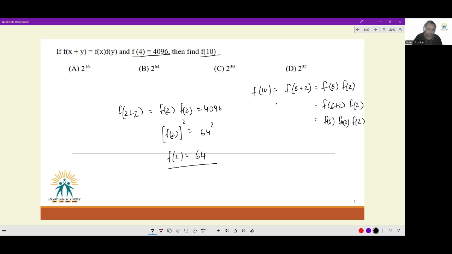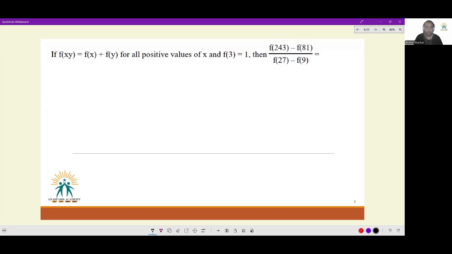And hopefully you can see where this process is going. We're essentially going to break down 10 into 5 f(2)s, so f(10) is equal to f(2) raised to the power 5, which will be equal to 64 raised to the power 5. Now, though all the options are 2 raised to the power something, this would have to be 2 raised to the power 6 raised to the power 5, or 2 raised to the power 30, so option C is the right answer here. Okay, moving on.